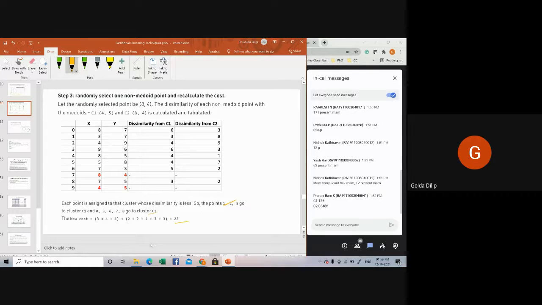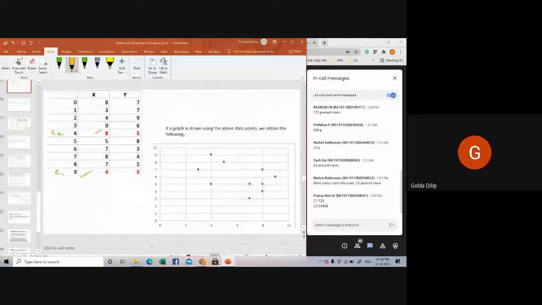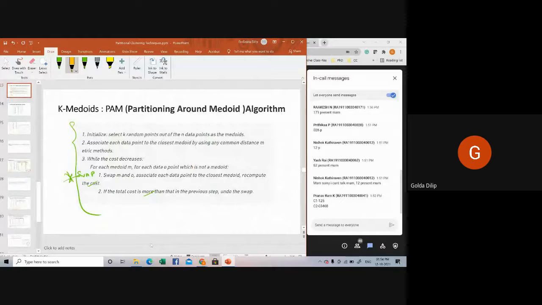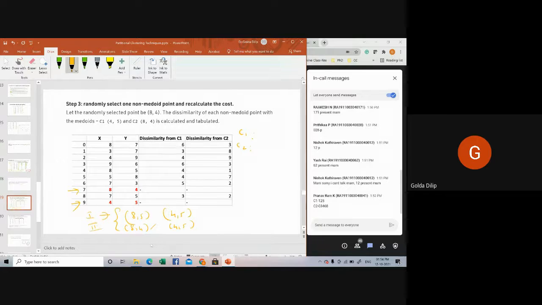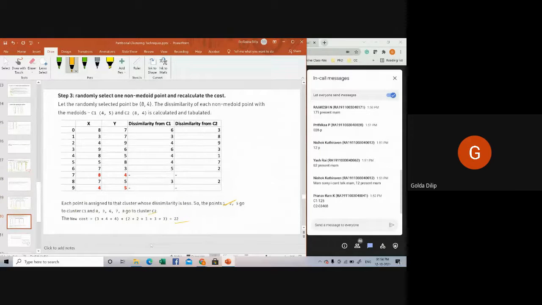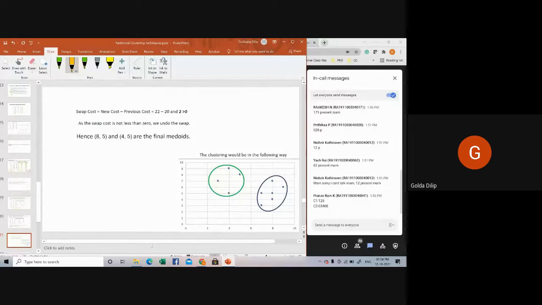Okay, so 22. So what does our algorithm tell you? In case we have a higher cost, if the total cost is more than the previous step, undo the swap. So what was the previous cost for us? The previous cost was 20, and the current cost is 22.